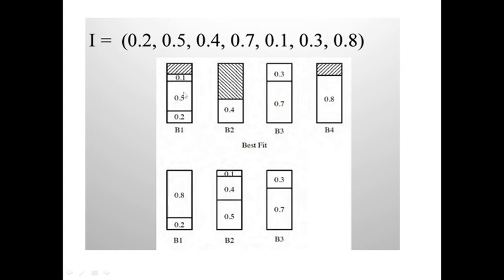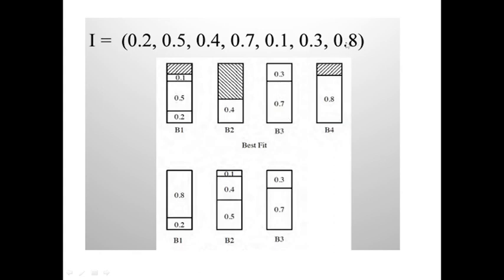We will keep it in bin 1, because only then will it be the tightest utilization of the bin. And when 0.3 comes, we will not keep it in bin 2, we will keep it in bin 3. Then only full occupation will happen in bin 3.